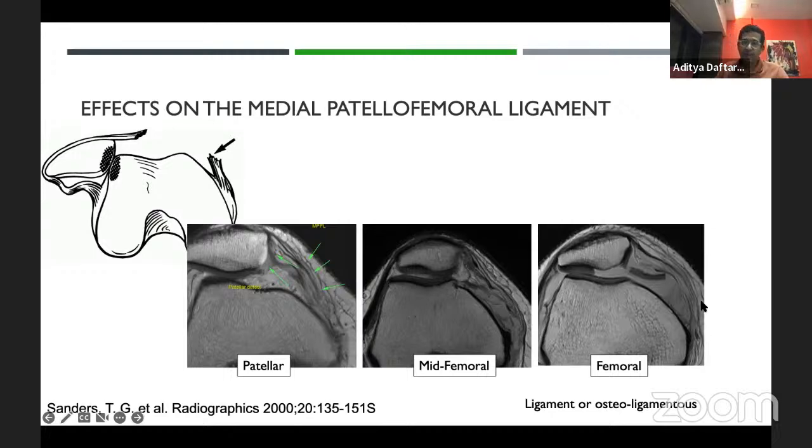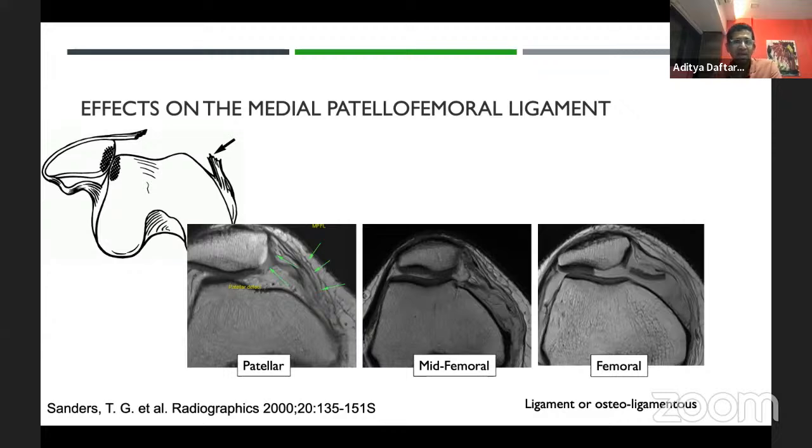Now, you know, I get calls all the time from people asking me about the status of the MPFL. And to be very honest, in many patients, unless there is a big avulsion, because many of these patients that we see are recurrent dislocators, they already have very slender, attenuated, and weak looking MPFLs.